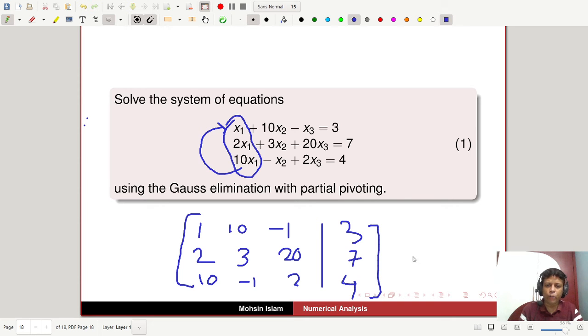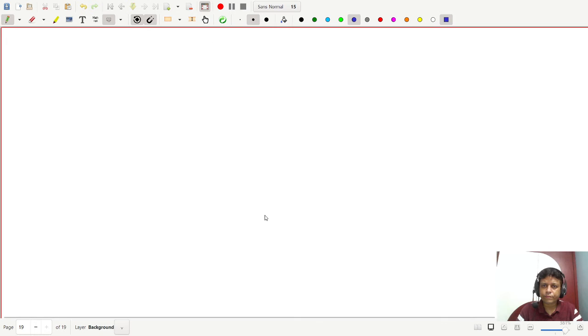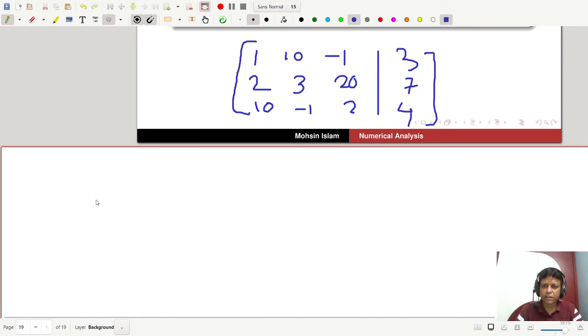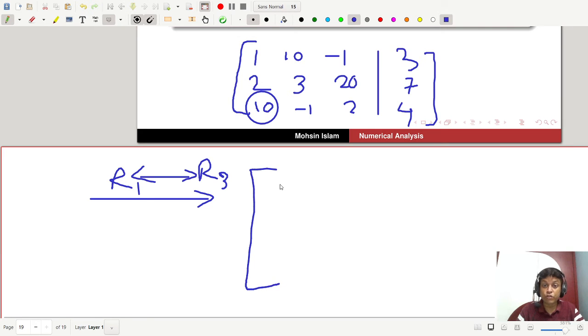Now I will do the operation R1 and R3. So R3 will come to the position of R1, and R1 goes to the position of R3, because 10 is numerically largest, so its magnitude is greater.